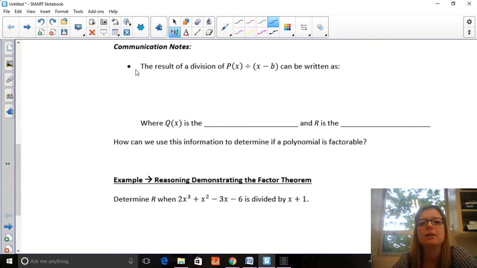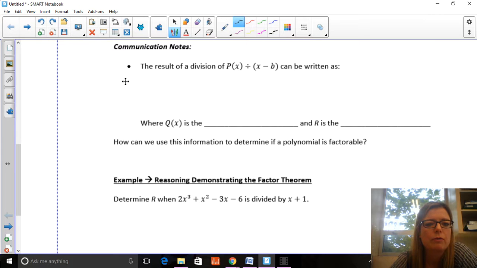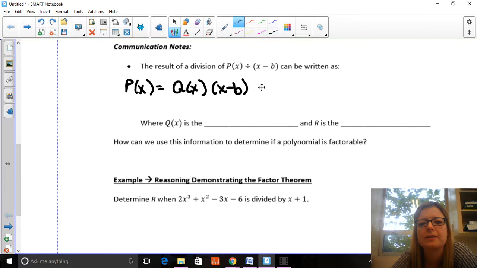Okay, so this little communication note area is getting us into understanding what the factor and the remainder theorem are. So remember from yesterday that if we have a polynomial, p at x, it can be written as the quotient, so q at x, times x minus b, right, that divisor, plus the remainder, okay?